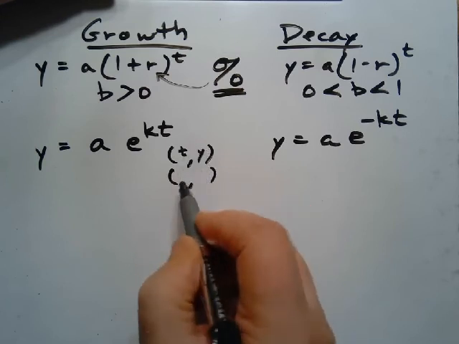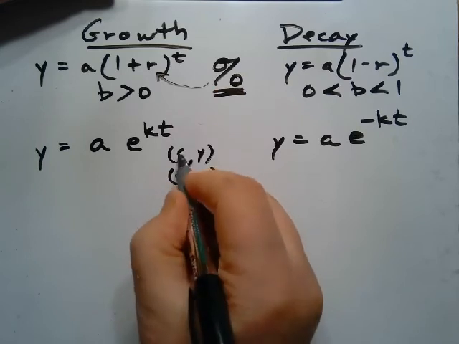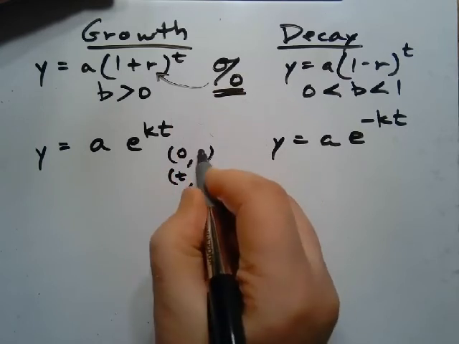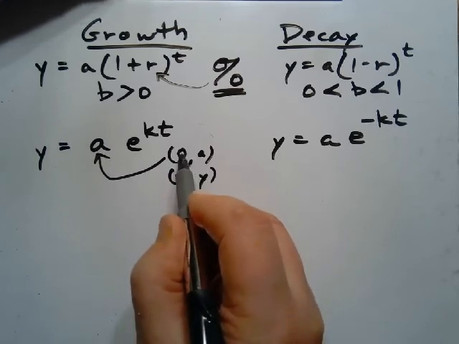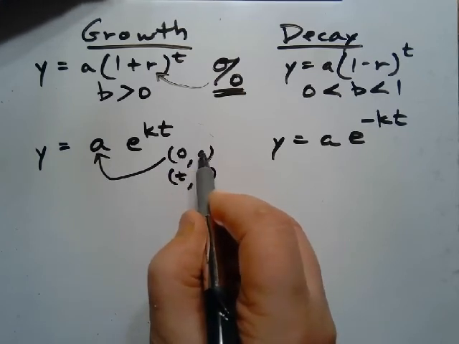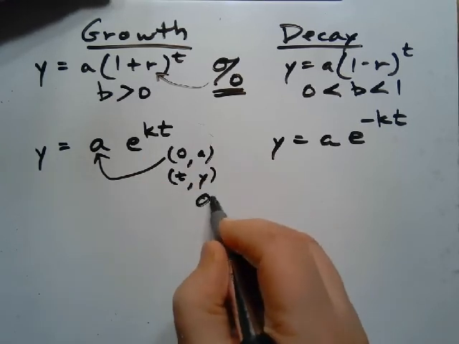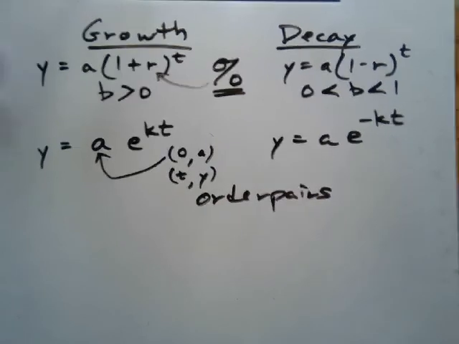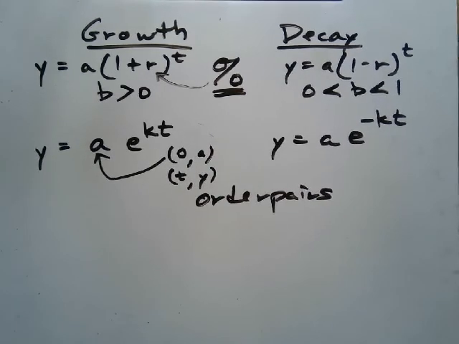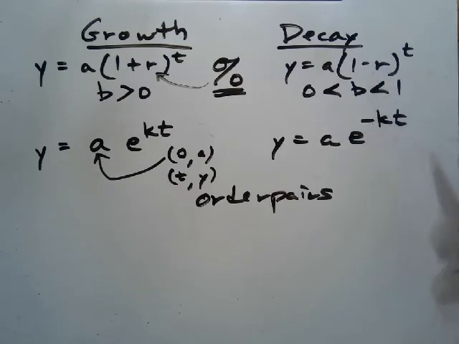If the first time happens to be 0, that's your initial amount A, so you stick that right in here for A. Then the other ordered pair goes right in here. So ordered pairs are very useful for this second formula. You really only have 2 formulas to memorize here. Just recognize that the ones over here in decay have minus signs involved, and the ones with growth are positive.